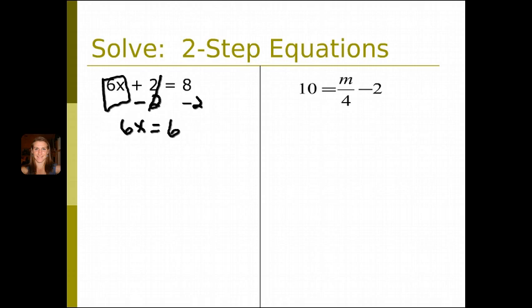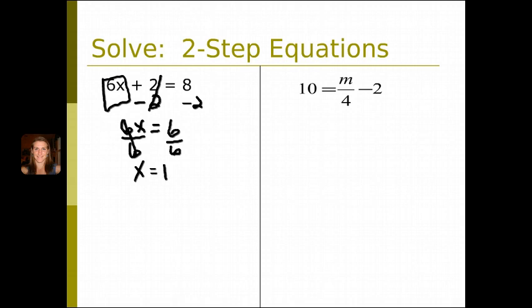And in order to get x all by itself, we have to undo the multiplication. The opposite of multiplying by 6 is dividing by 6. Divide both sides by 6. And left over is x equals 1.